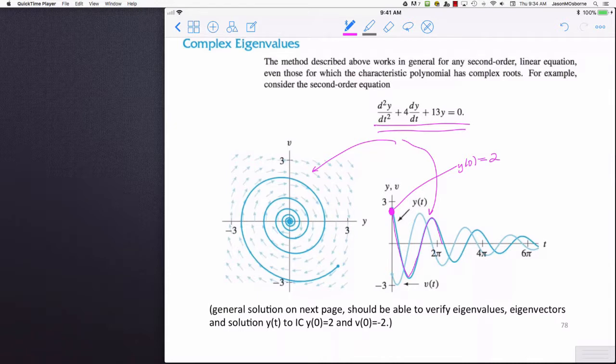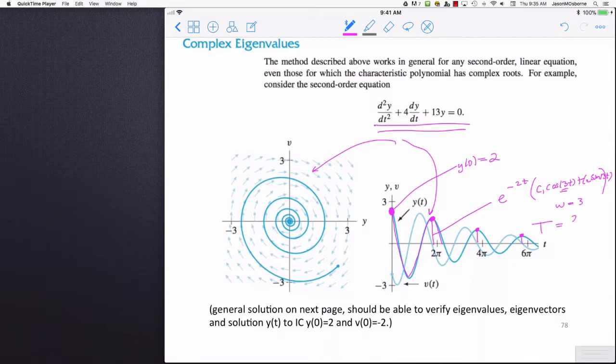And the fact that the waves are oscillating but getting smaller and smaller in amplitude was due to the e to the minus 2t in the solution. And then we knew that we had something times cosine of 3t plus something times sine of 3t. And the 3 there, the angular frequency, was 3, and that's related to T, the period.